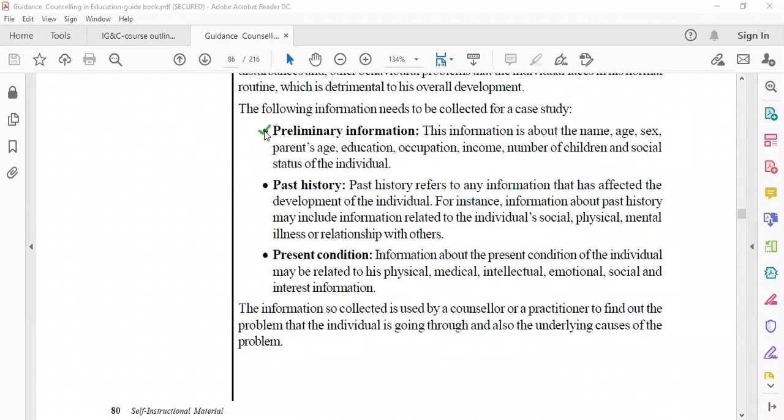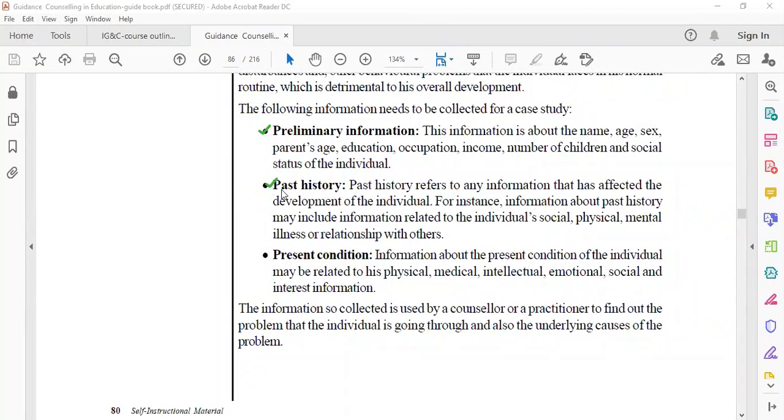Preliminary information means initial information is collected about the client, about the student: age, gender, parents' age, education, occupation, income, number of brothers and sisters or number of family members, likewise social status. Similarly, past history is collected.